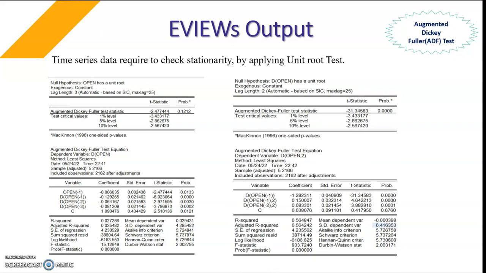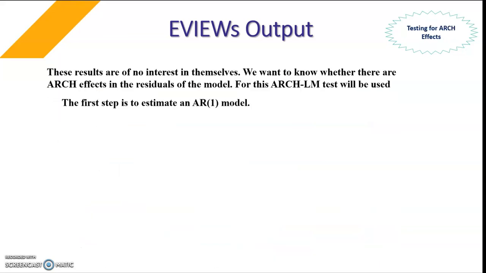Then when we take the first difference and we test for a unit root, the p-value is 0.00, so we now reject the null hypothesis that the series open in first difference has a unit root, so there is now no unit root and the series is now stationary.